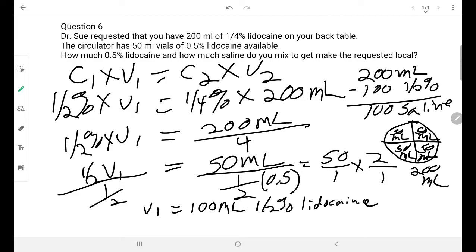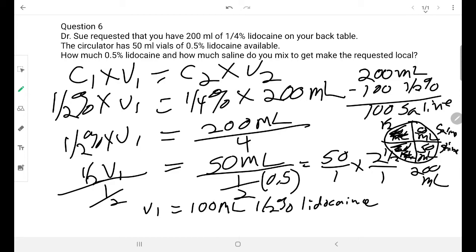All right, so 100, that's going to be saline, and 100 of it is going to be 0.5%. So let's make these two our 0.5%. So that's our 1/2 times 50 milliliters and 1/2 times 50 milliliters, and then both of these saline. So that is our 100 of saline.